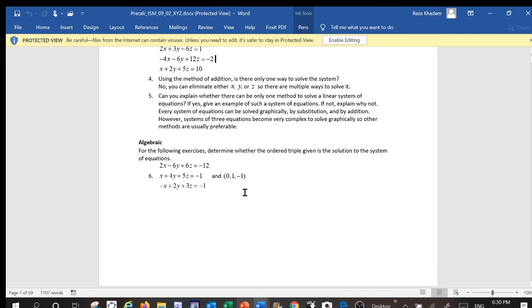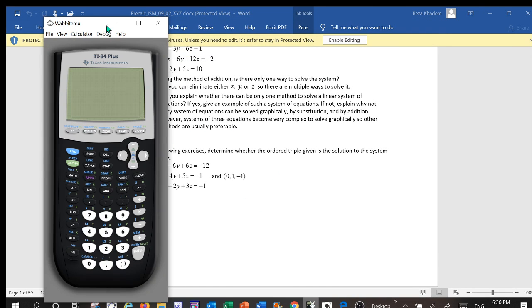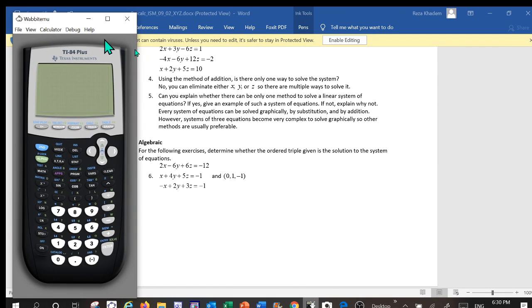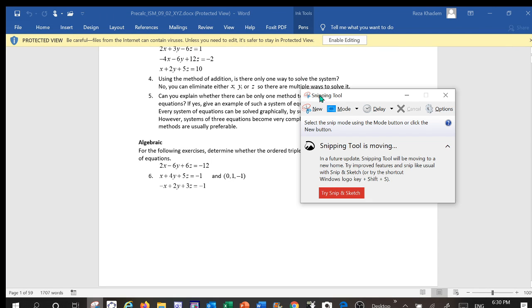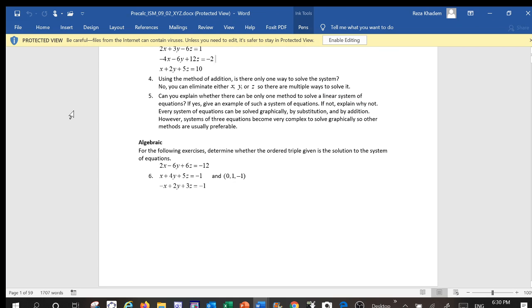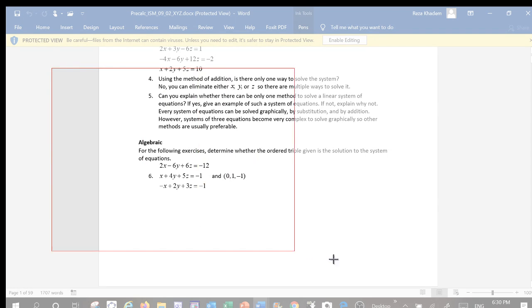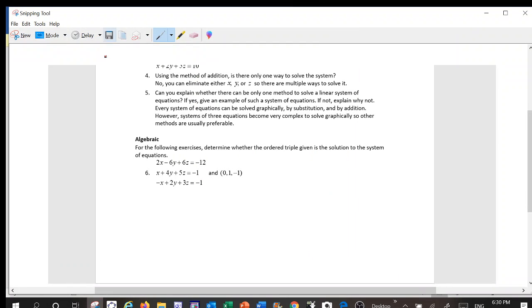But how do we do it with the calculator to find that answer? We do the same thing, except this time, let me get an area I can write on. Basically, we want to make a matrix that has 3 rows and 4 columns.